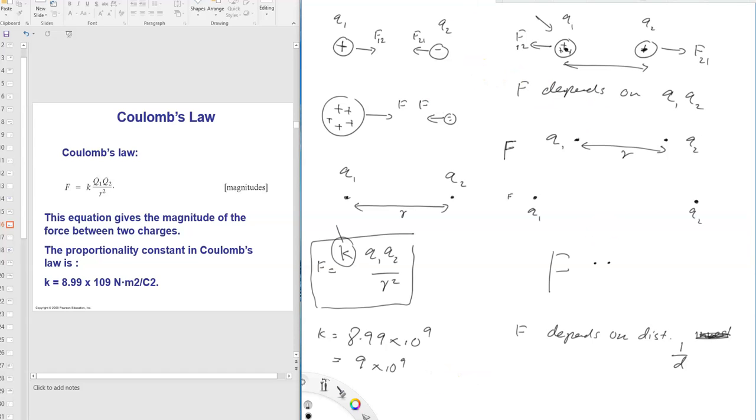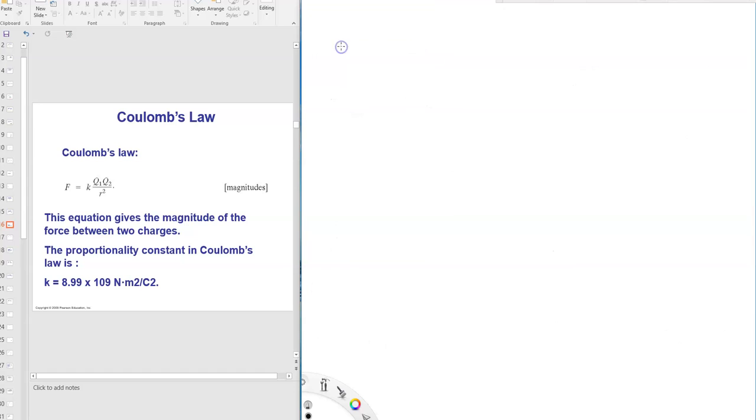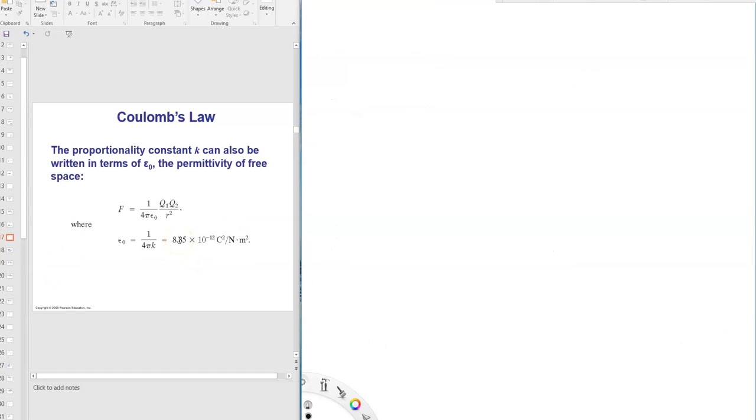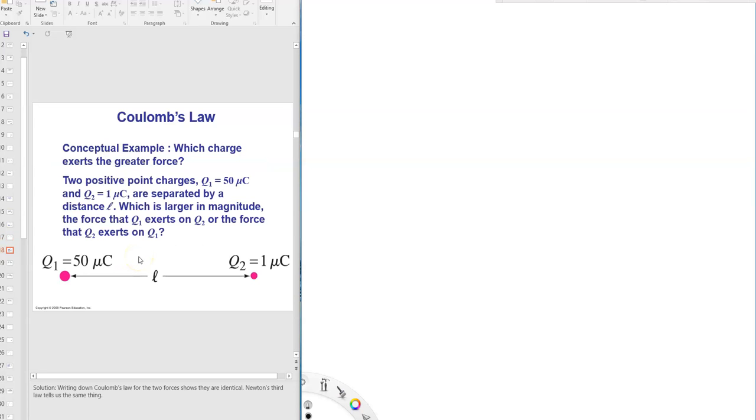Okay, clear this. All right, so let's talk about this epsilon symbol in a little bit. So let's see whether we have any examples. Which charge exerts a greater force?